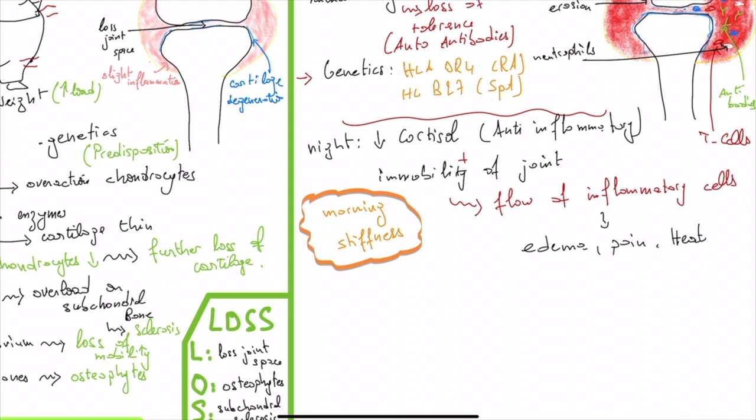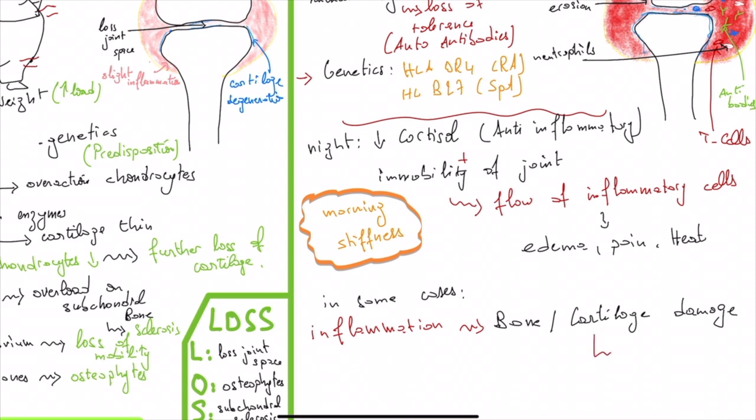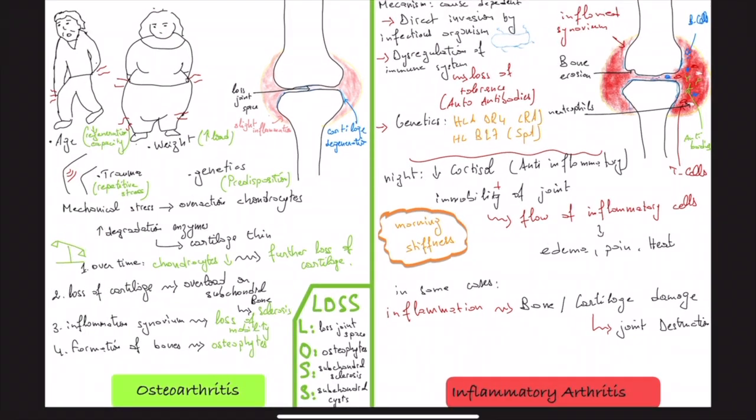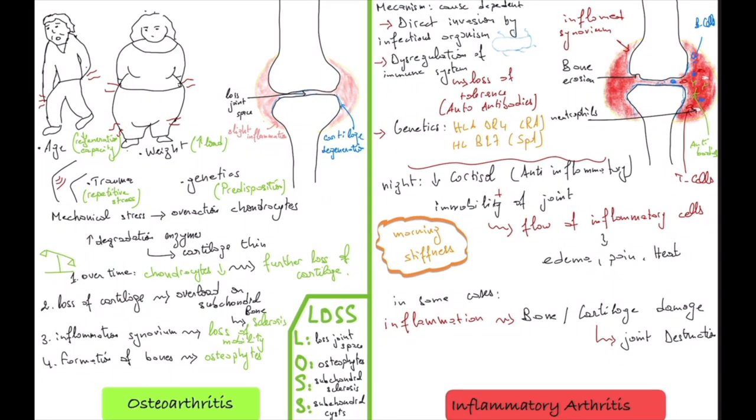In more severe or long-lasting cases, this chronic inflammation goes one step further, eroding both cartilage and bone, eventually causing joint destruction. So, to recap, inflammatory arthritis is triggered by an overactive immune response, sometimes set off by infections, autoimmunity, or genetics. The hallmark symptom is morning stiffness due to the nighttime immune activation and reduced cortisol.